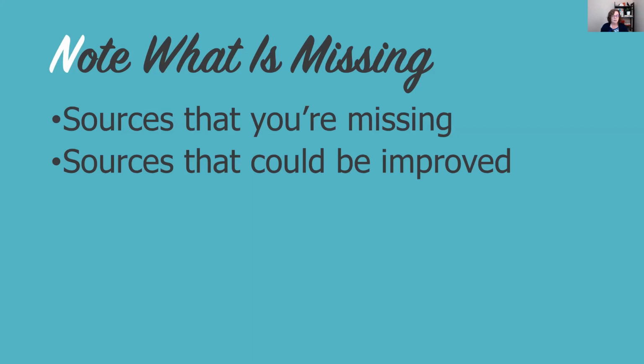And there are going to be some records that we just haven't even gathered. Okay. But we do want to think about both the ones that are completely missing and the ones that, okay, I do have a source for this, but I really could find something better. All right.